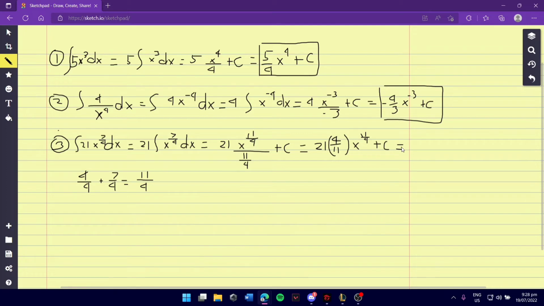By simplifying it further, 21 times 4 over 11 is 84 over 11. Then copy x raised to 11 over 4 plus c. So this is now our final answer for the third example.